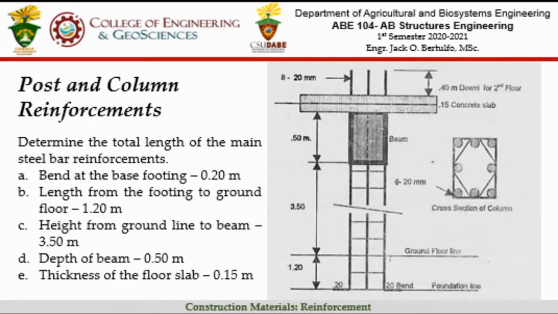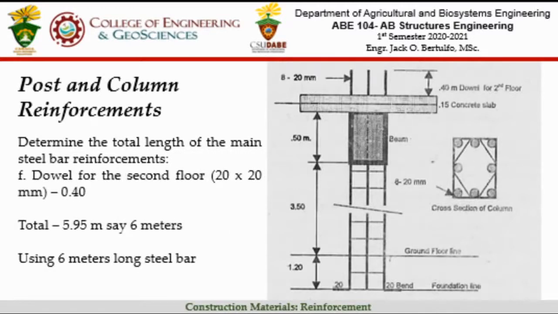Then the depth of the beam, because your reinforcement bar will continue through here. So you have 0.5. Then the thickness of the floor slab, you have 0.15. Then let's continue. The dowel for the second floor, this is the extension, you have 40 centimeters or 0.4 meter.